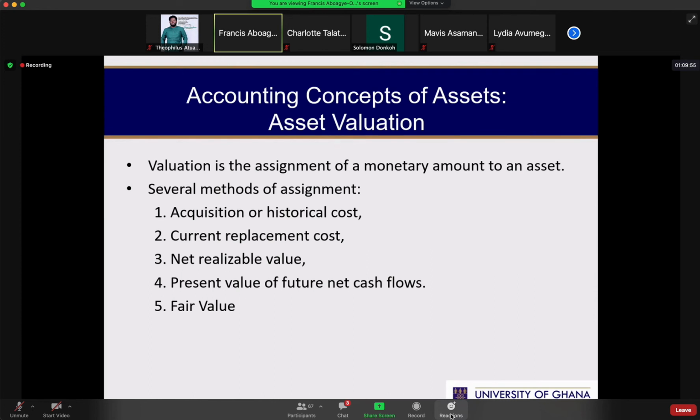So when you're recording the assets, we say that you should record at the lower of cost or net realizable value. The cost and net realizable value, whichever is lower, that is what we should use, and not what you anticipate to be your profit.